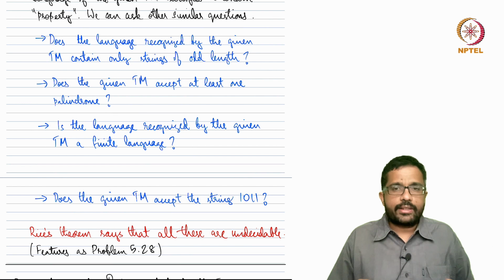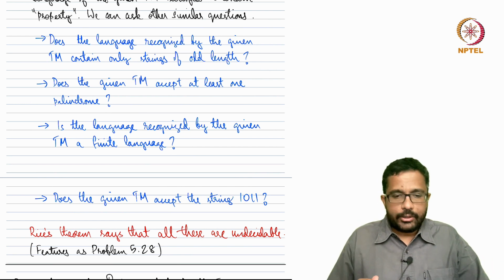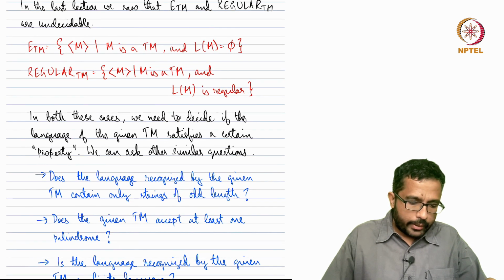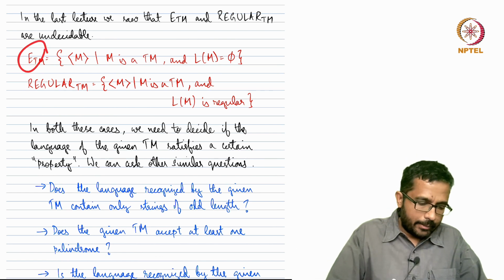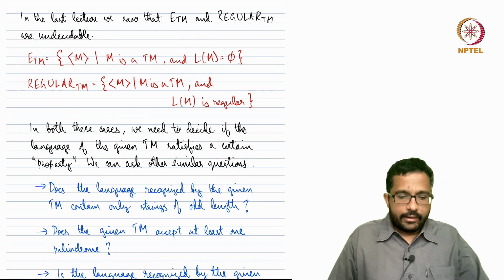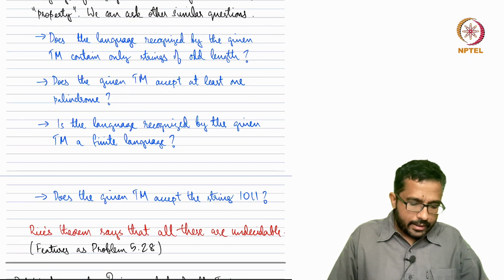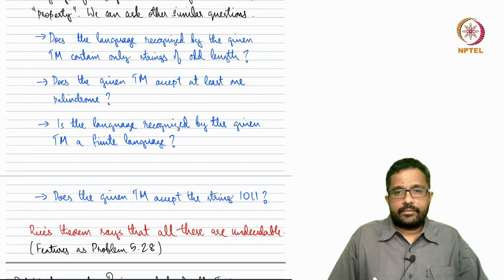All these questions are specific to the language recognized by the Turing machine. We saw two such questions in the previous lecture, ETM and regular TM, and we saw that both of them were undecidable. What Rice's theorem says is that all these questions that I've listed here are undecidable.